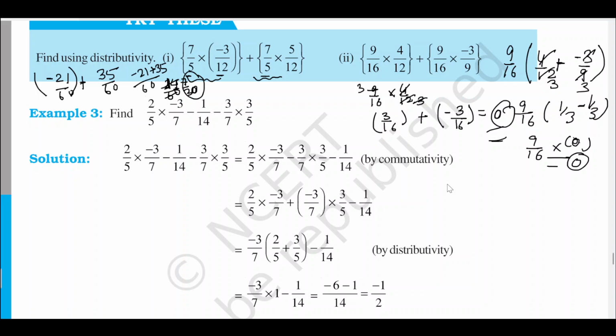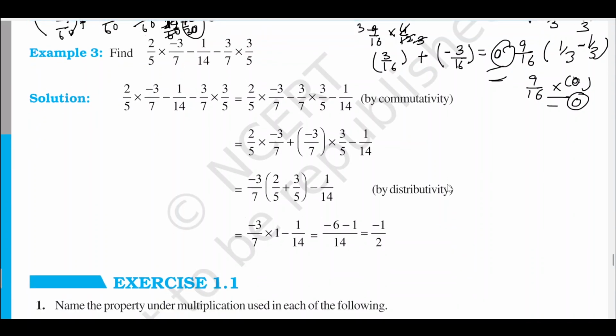Hope you understand this. Now there is another example, 2 by 5 into minus 3 by 7 minus 1 by 14 minus 3 by 7 into 3 by 5.